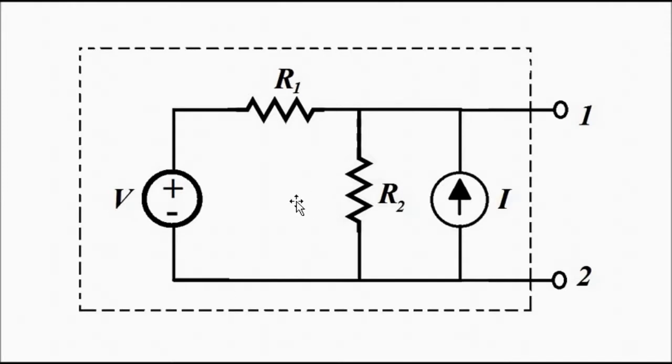So like that, it is just a simple circuit here. No matter how complicated it is, how many resistors are there, how many voltage or current sources are there, we can determine the Thevenin equivalent circuit. The calculations will be a little bit lengthy when the number of voltage sources, current sources, resistors is increased.